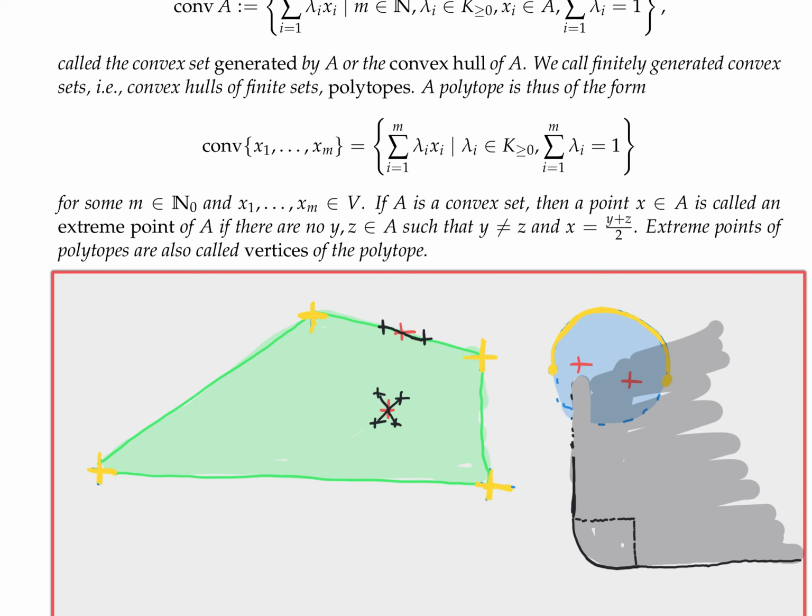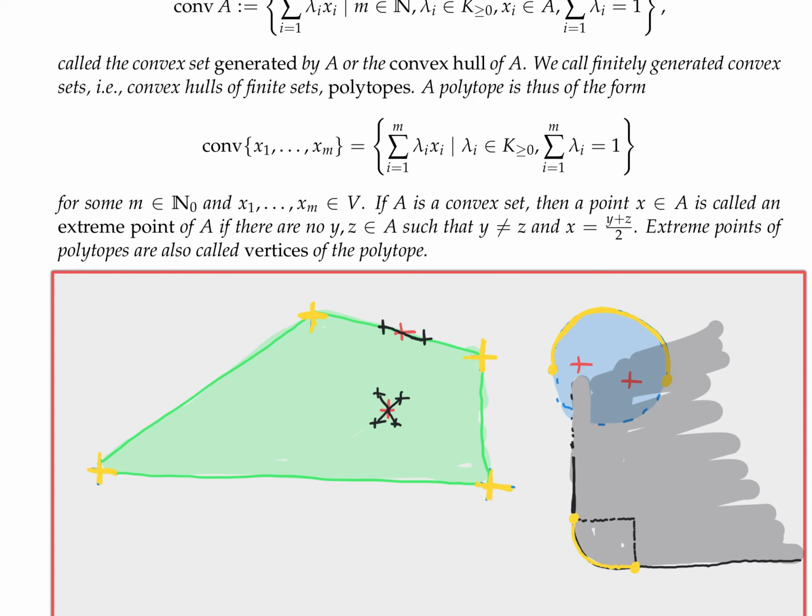So what are the extreme points here? Well, these yellow points are certainly extreme points. I guess this point also looks like still being an extreme point, but there is nothing else.